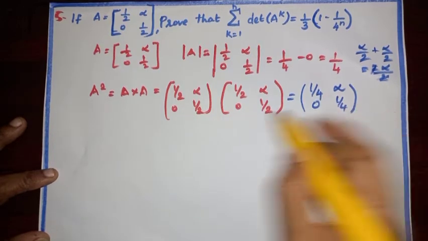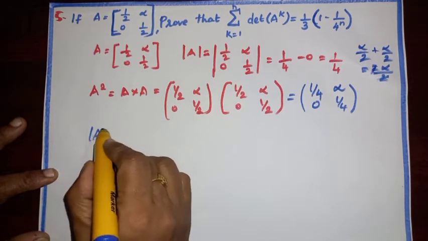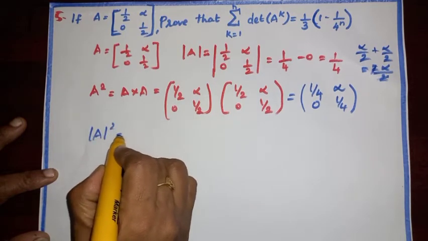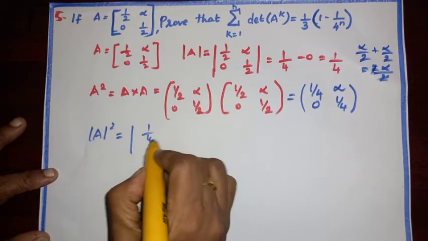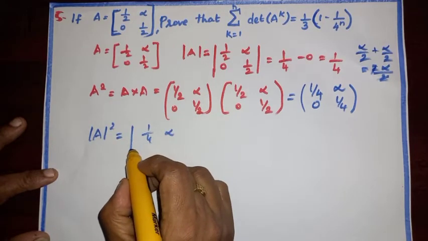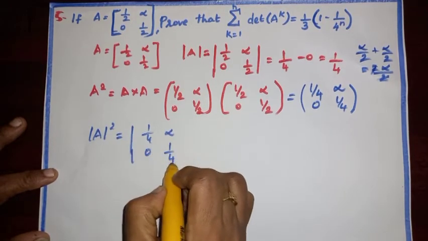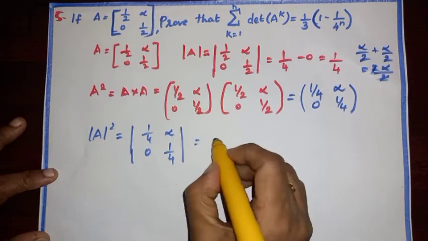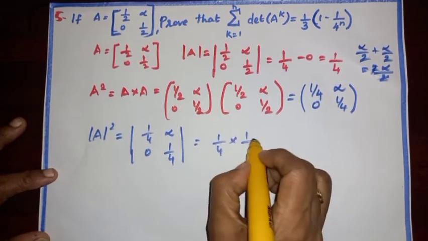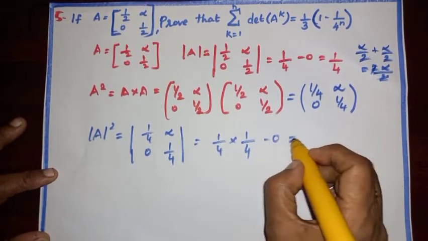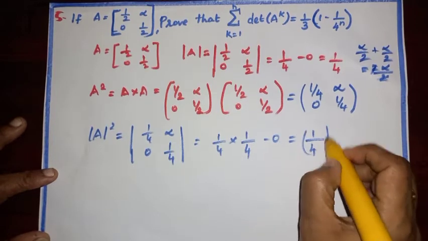Now we are going to find determinant of A square. [1/4, alpha; 0, 1/4]. Then we have 1 by 4 into 1 by 4 minus 0, which is 1 by 4 the whole square.